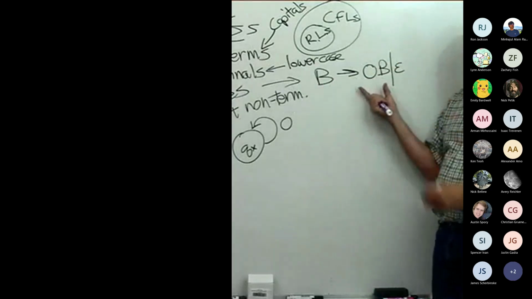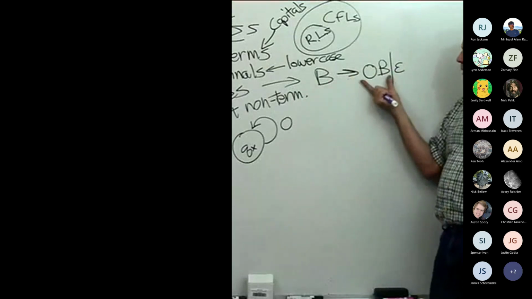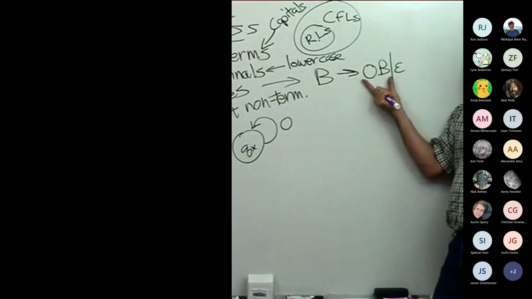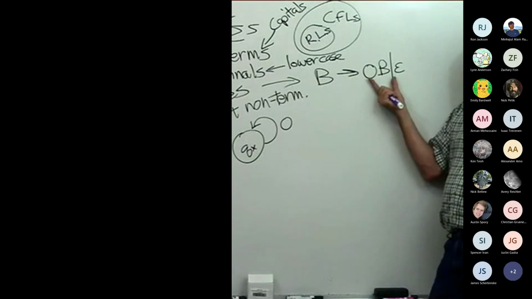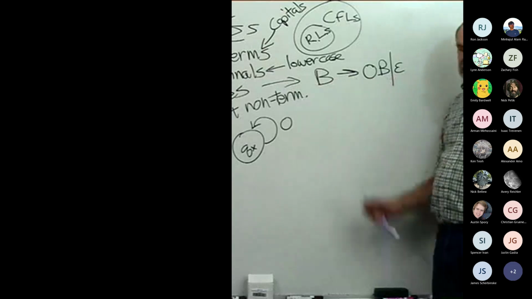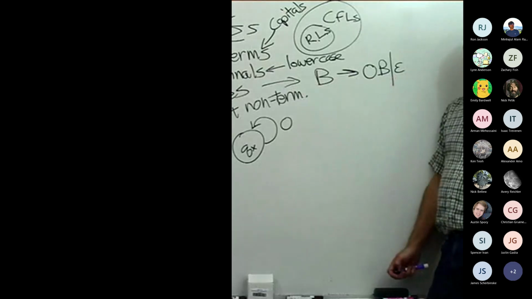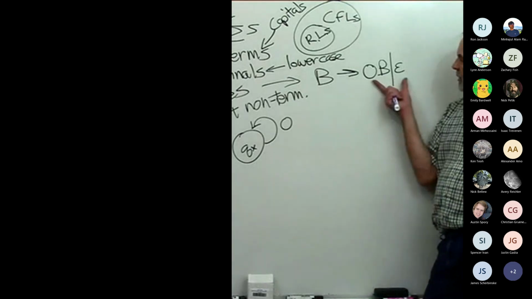This vertical bar is the or. Two different rules. One rule is B can be replaced with a 0 followed by a B. This is a recursive repetition. Or B can be replaced by an empty string, simply removing it from the string that has been developed.